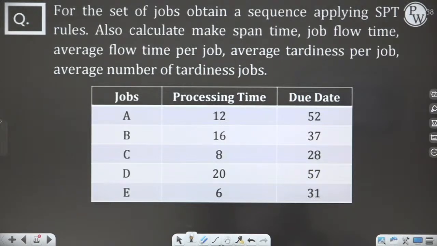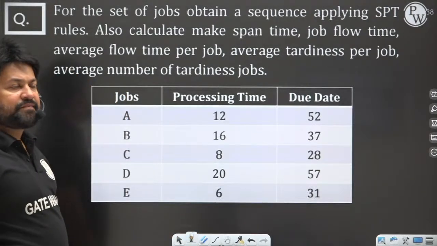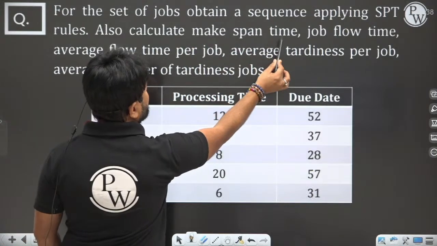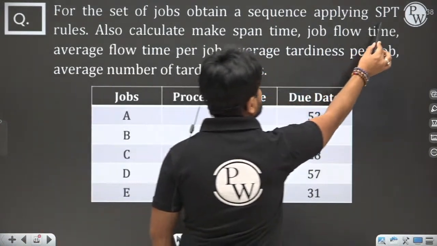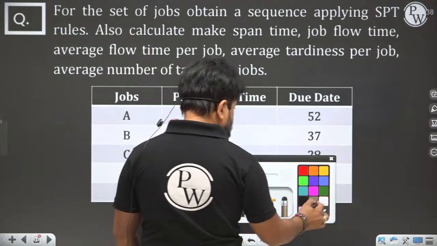Okay, so shall we start? Now, here we have to do this question. What is the question basically? For the set of jobs, obtain a sequence applying SPT. What is SPT? Shortest processing time.